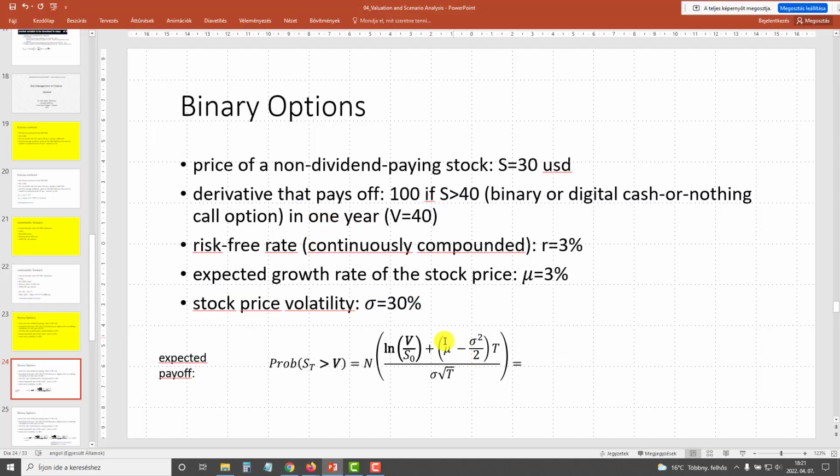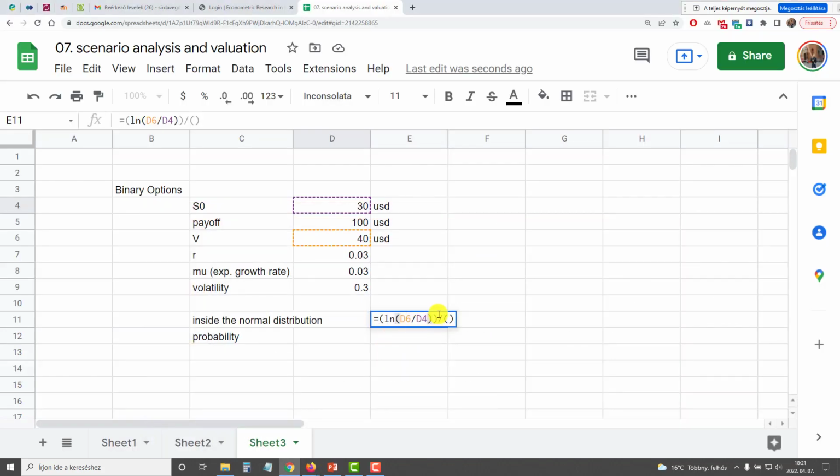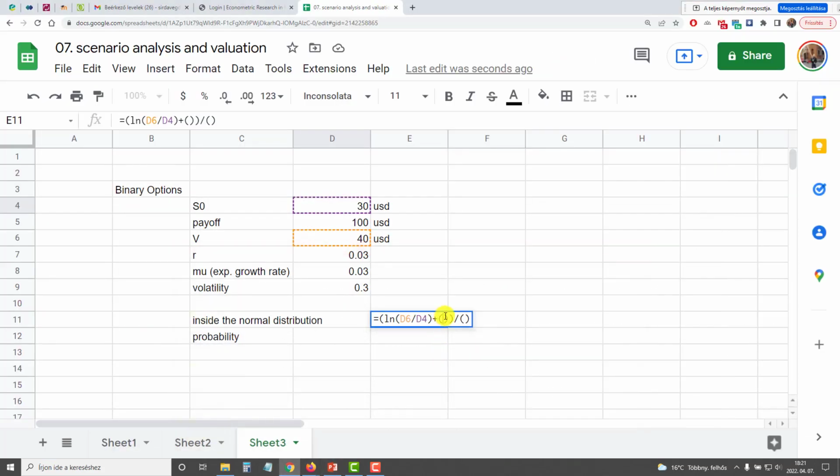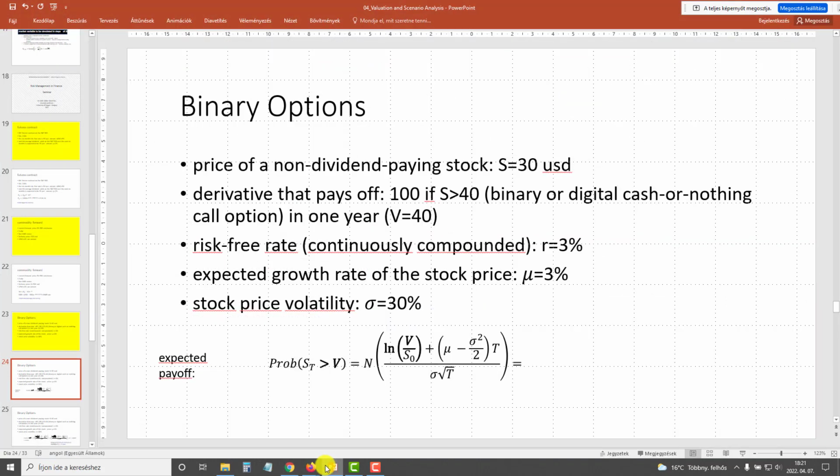Then we have to add all this expected value component and how it changes, so plus, another bracket opens. Now we have the mu. Oh, it's plus or minus?